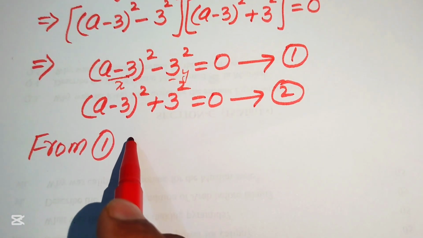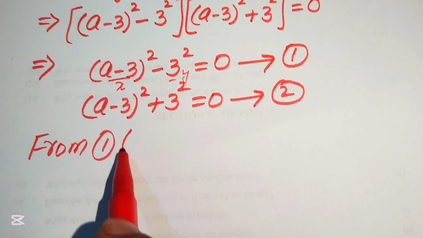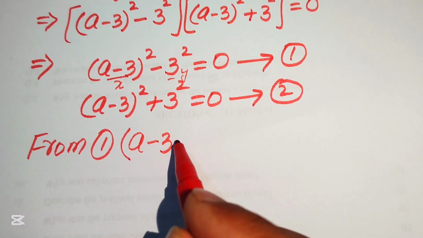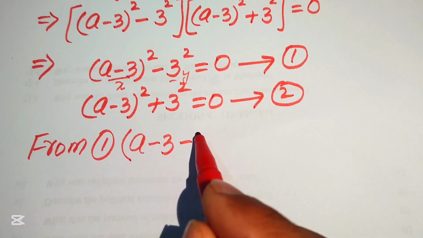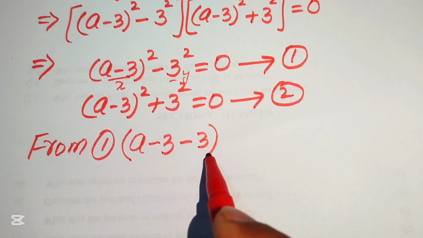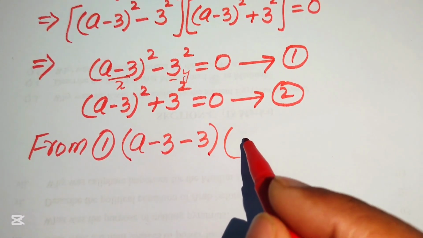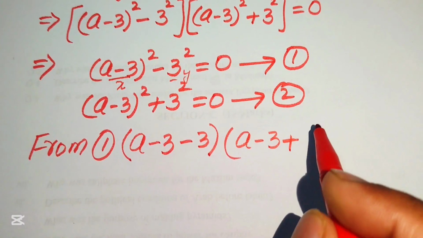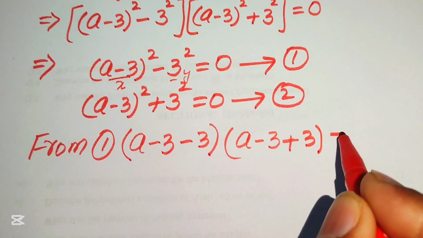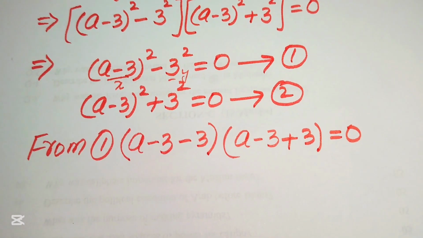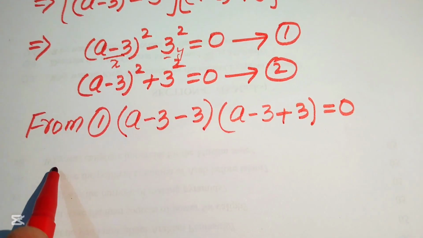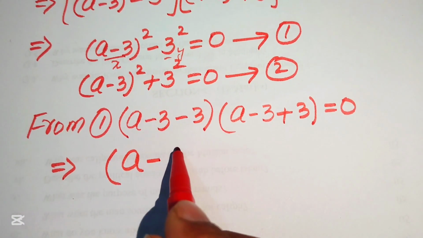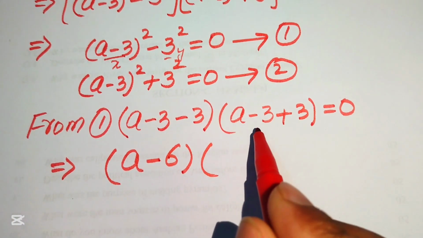First we write the first factor, x - y: the value of x is a - 3 and minus the value of y, 3, times again the value of x, a - 3, plus the value of y, 3, and this whole equation equals 0. Now we need more simplification, and this factor becomes a - 6 times this factor.